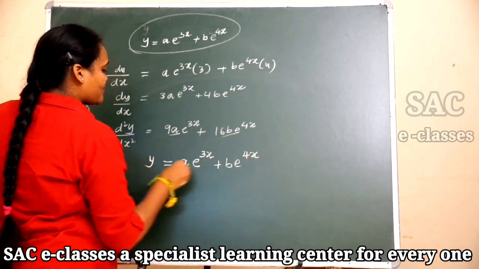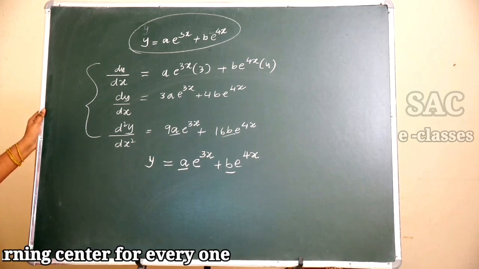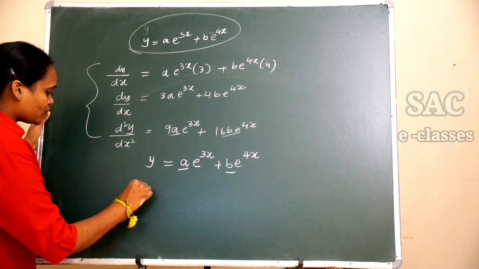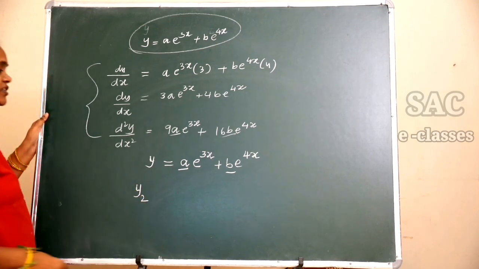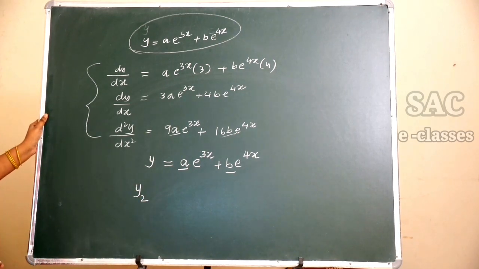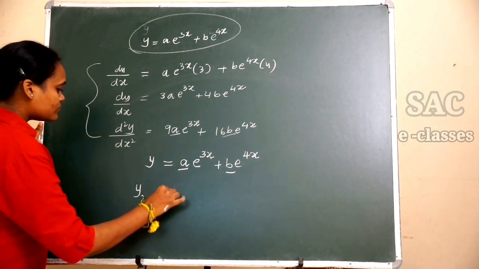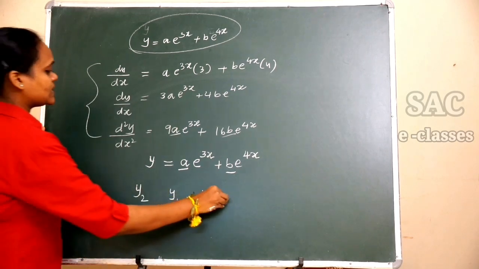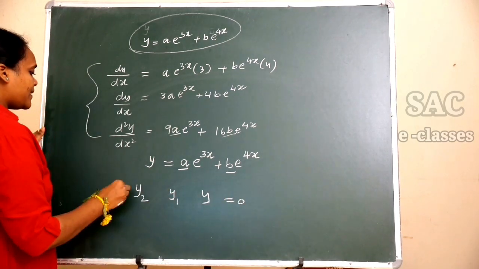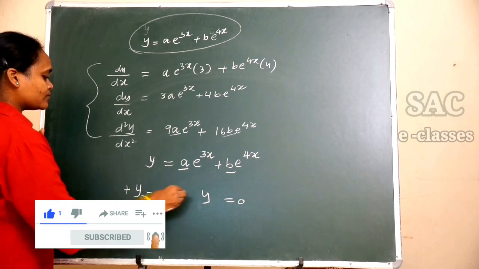Observe the number of arbitrary constants, a and b, which means 2. If two arbitrary constants are there, we have to differentiate 2 times, that means the highest derivative is d square y by dx square. So write y2, y1 and y equal to 0, placing alternate positive and negative signs.